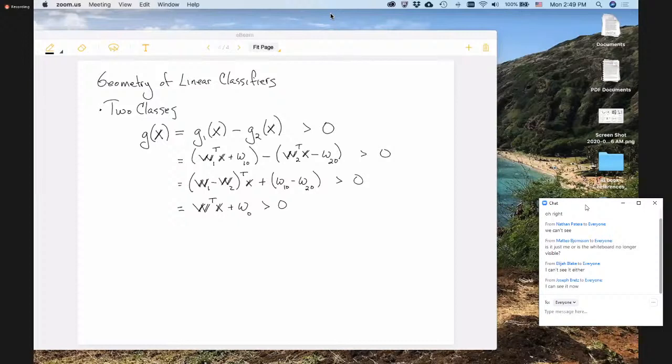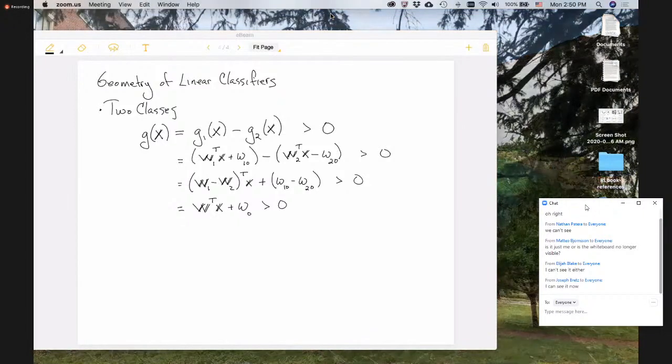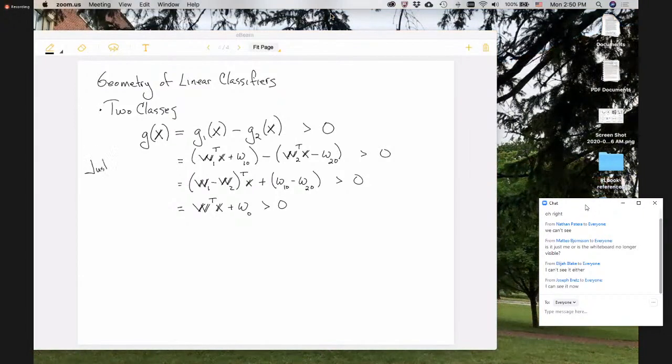The point being, what this does is it justifies that only one function is needed for two classes.